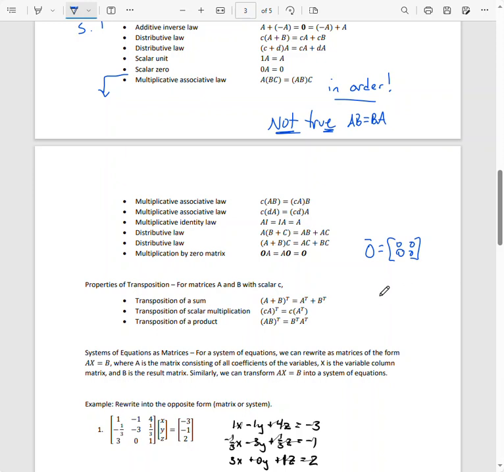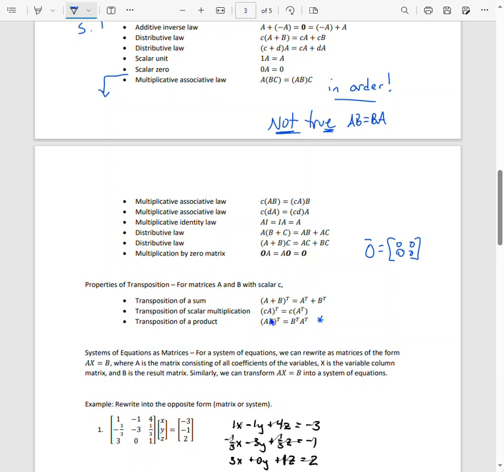With transpositions, we talked a little bit about the sum. The transposition of a sum is the sum of the transpositions. Transposition of a scalar, we could take the scalar first or do the scalar last after transposition. It doesn't matter. This is our new one.